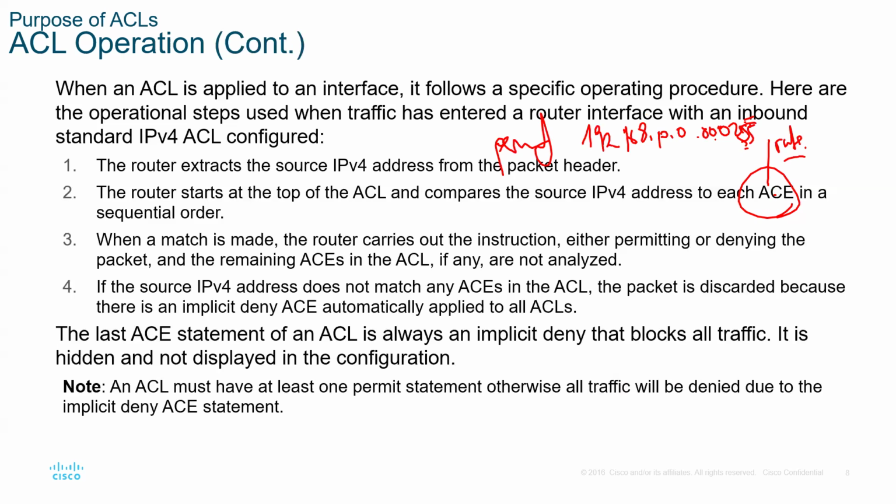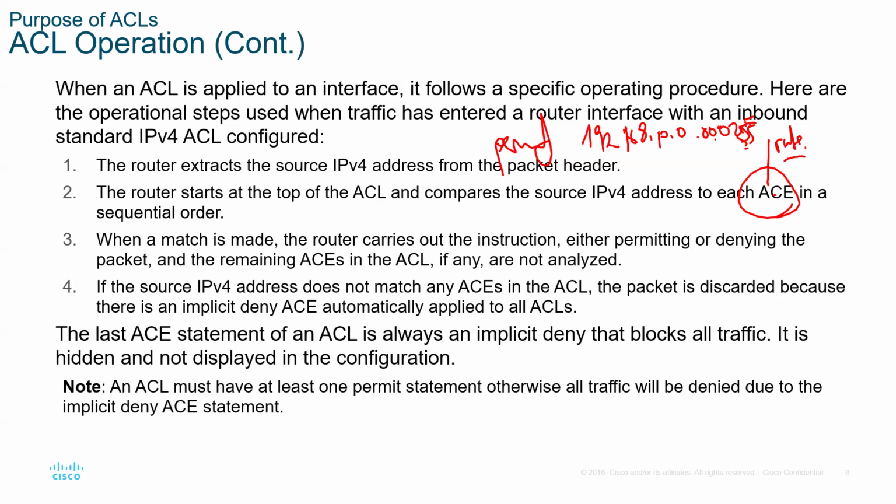If traffic from that network is compared with that ACE and it matches, then it is allowed to pass. So number one, we extract the contents from the header, we match that with our ACE. If it matches, then it is permitted or denied depending on the ACE or the rule.